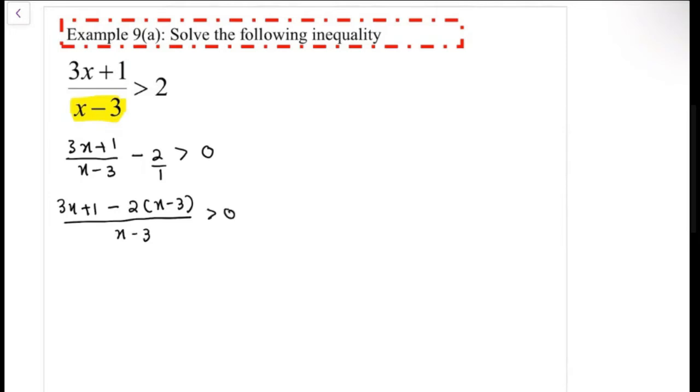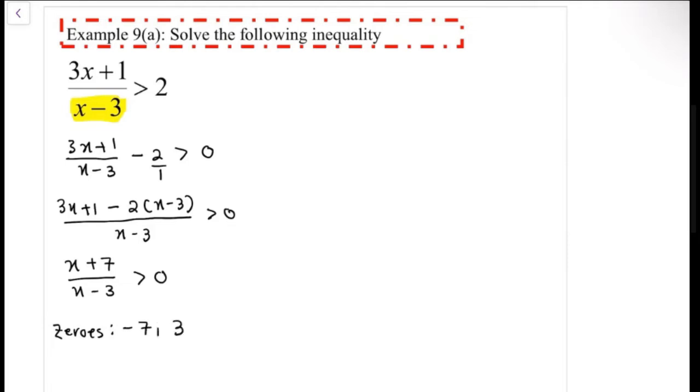Simplify this, and we have x plus 7 divided by x minus 3. Double check the conditions: we have a single fraction, ada satu je pecahan, and our factors are linear, x kita kuasa 1. Now we may state our zeros. In this case, our zeros are negative 7 and 3.